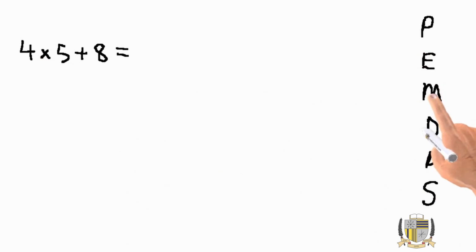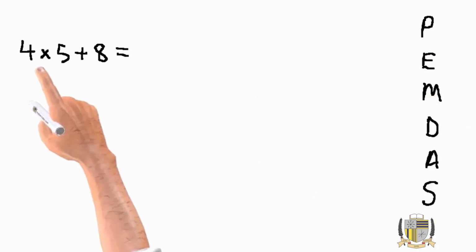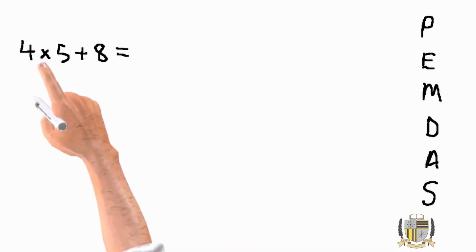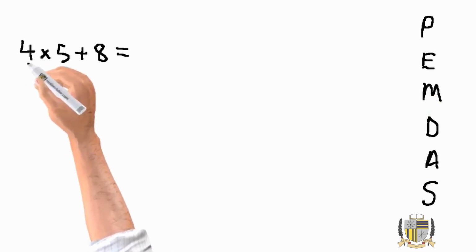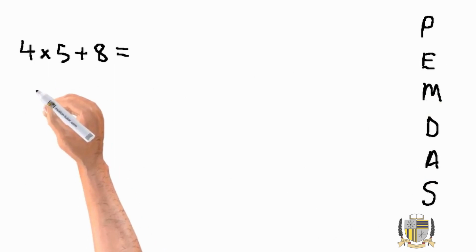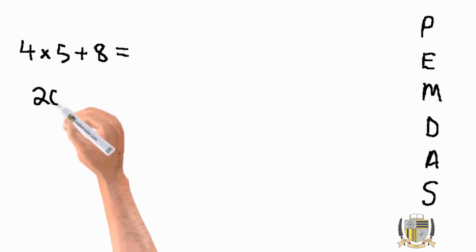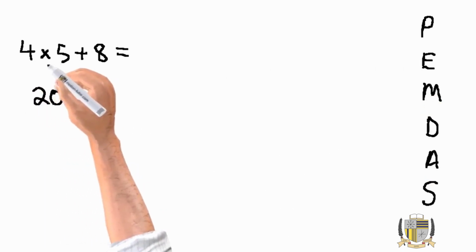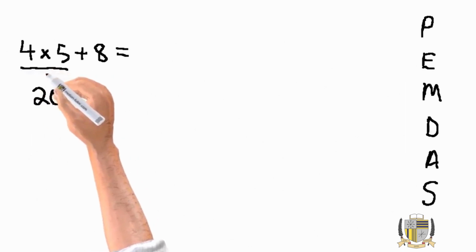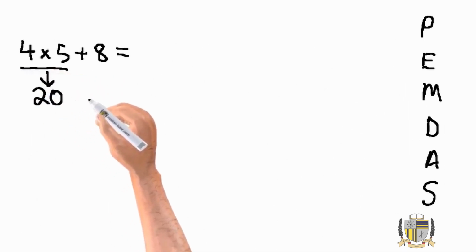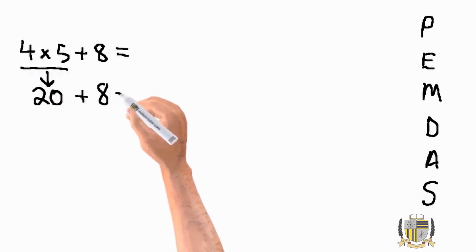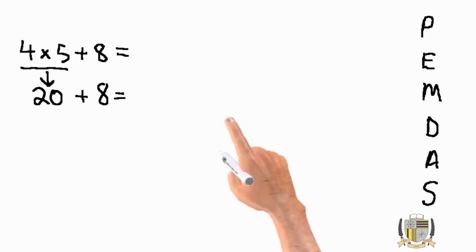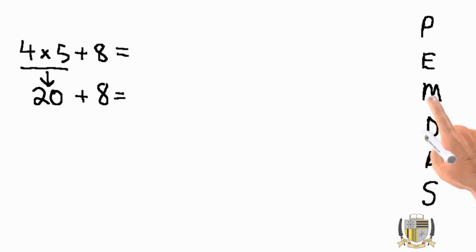Then we look for multiplications. We see multiplication. So that's the first thing we're going to evaluate. 4 times 5 is 20. So now this has become this, and we still have the plus 8. Now, we did multiplication.